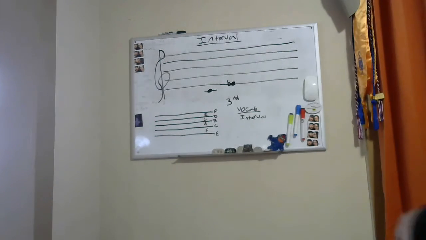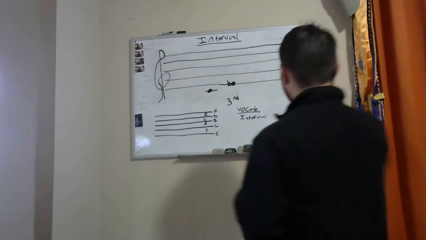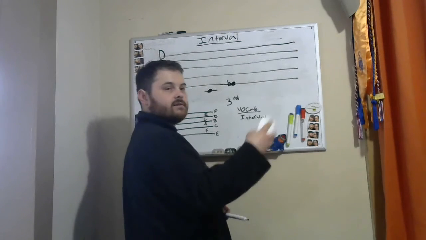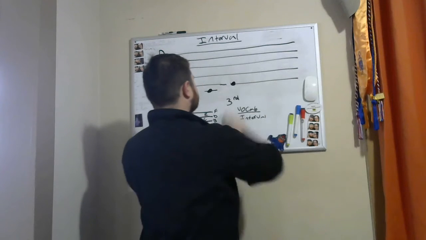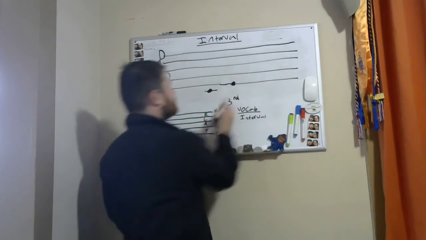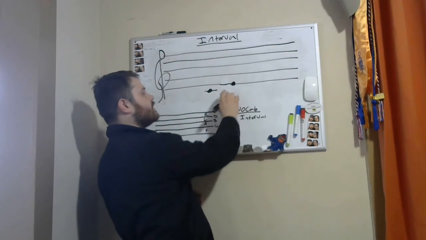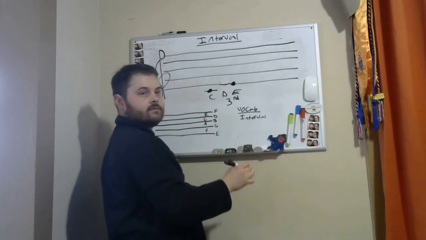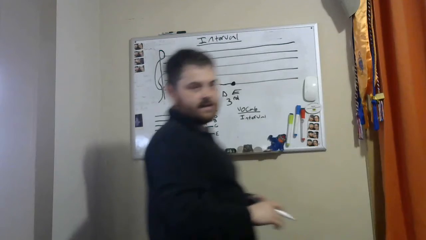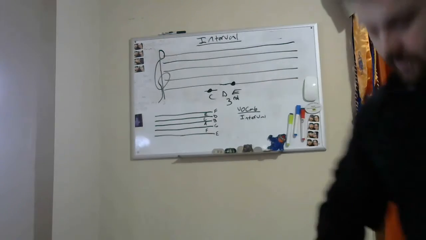Alright, so now let's go to our next third, and it'll be the next note in the chromatic scale, which is E. So we erase the flat. Notice the notes are still 3 letter names away. C, D, and E. Okay? So C to E. Whoop, excuse me.